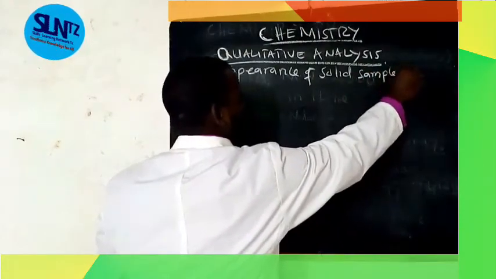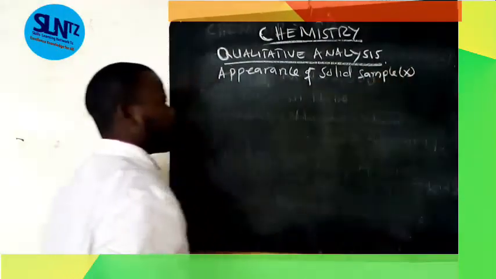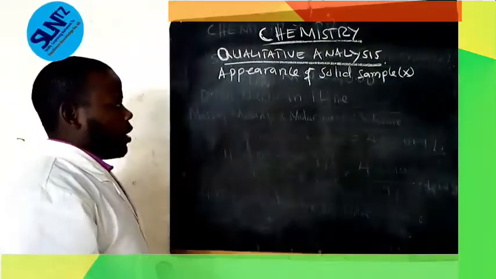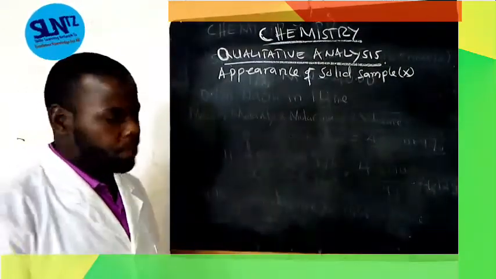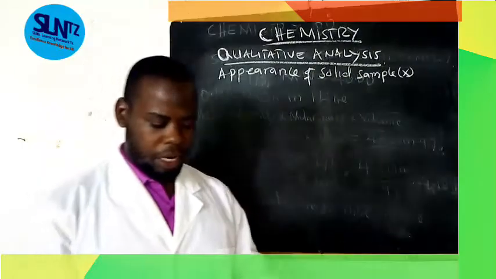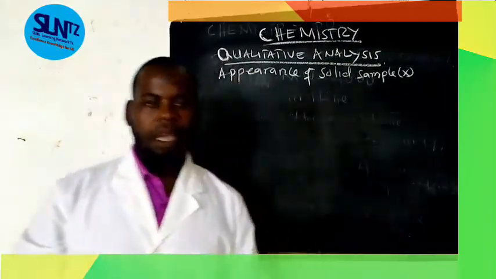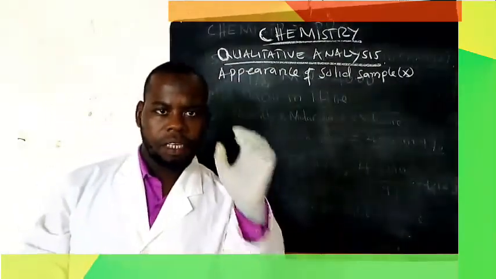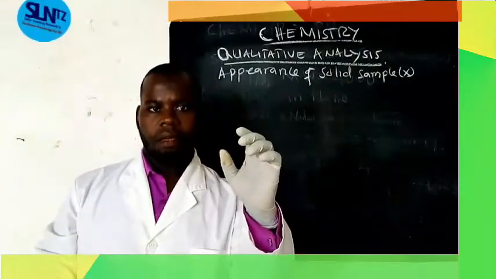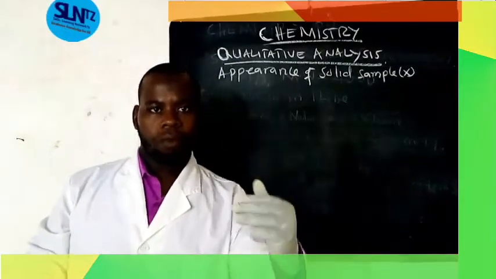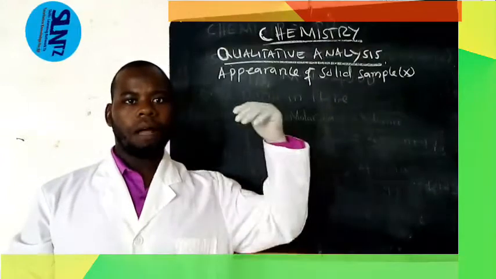Let's say our sample is sample X. How can you identify the anion and the cation through appearance? This is a very important step, because when you go to another step, you have to use the appearance as a reference.